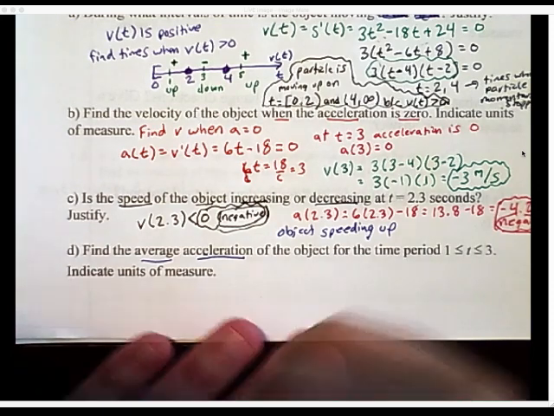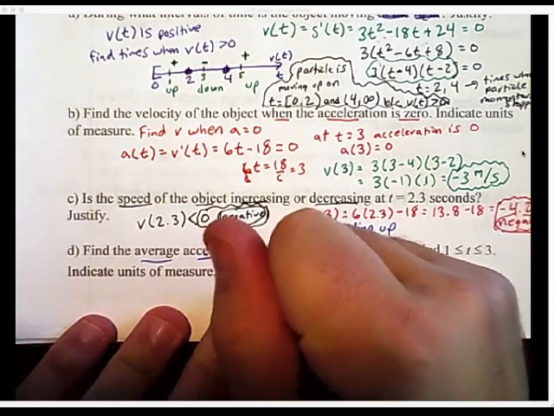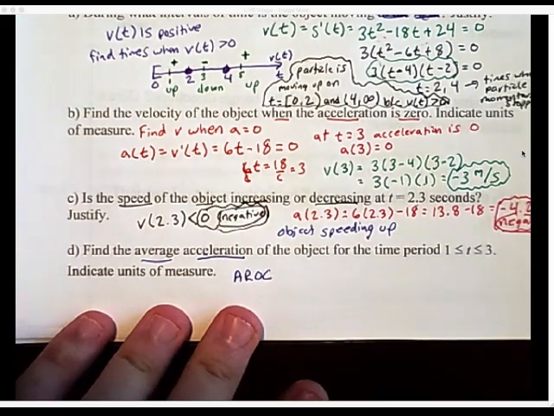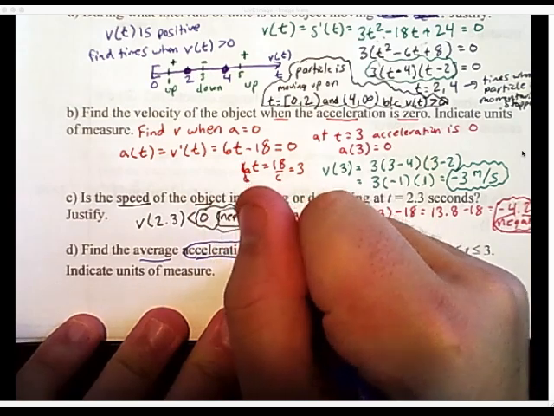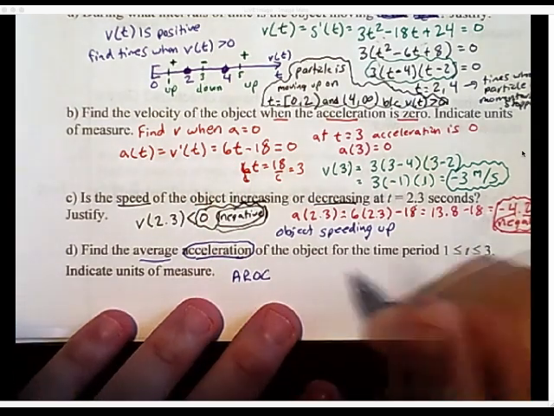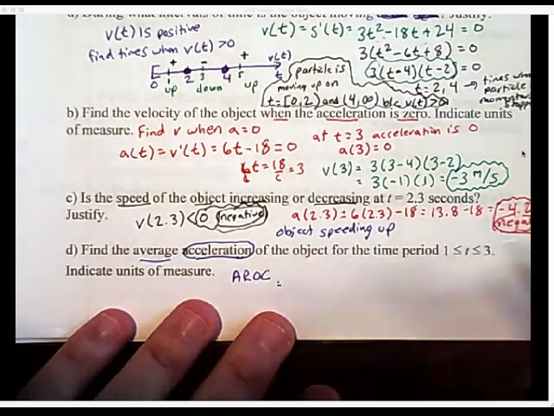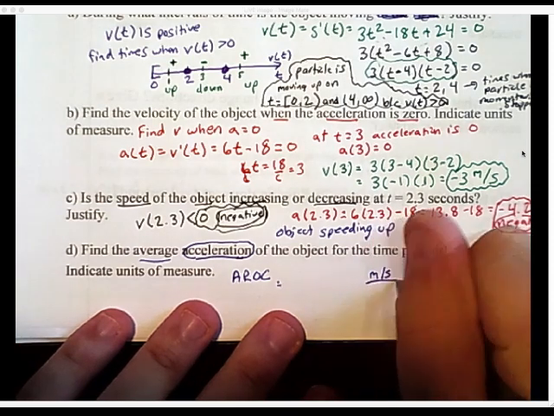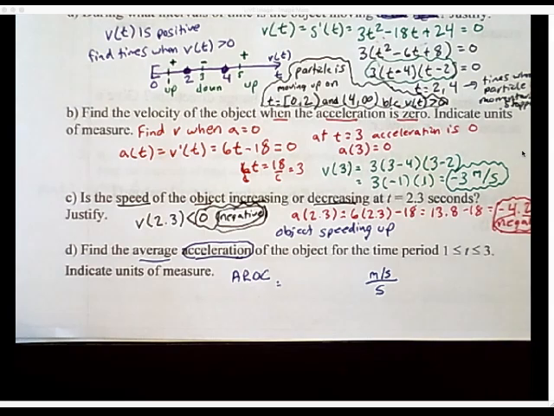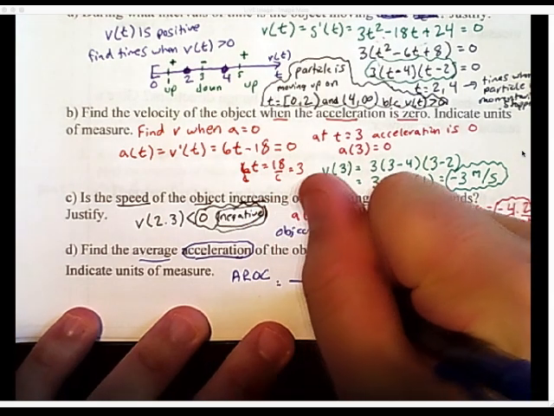So I want to find the average rate of change, but I want my units to be of acceleration. So when I'm done with this, I want my units to be in terms of acceleration. Well, what are my units of acceleration? Meters per second per second. So let's treat this like a long fraction.